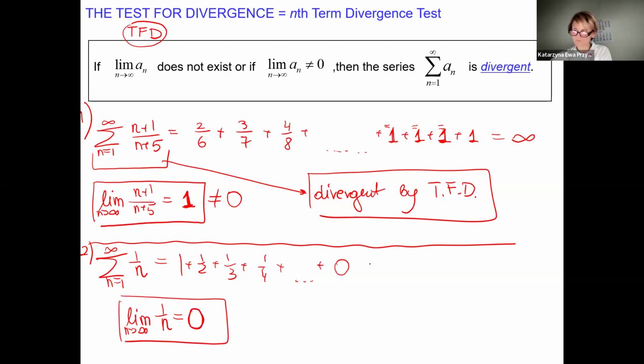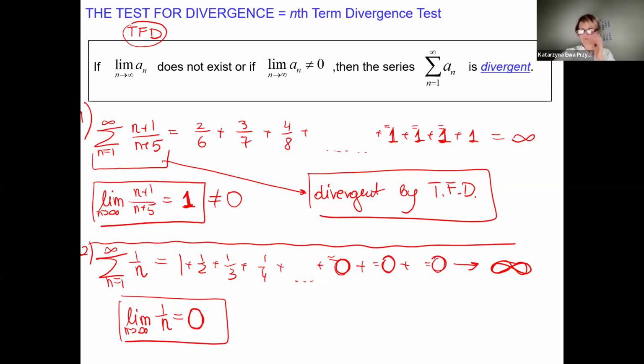Then at some point, it will be almost 0. We will be adding almost 0. But what do we know about this infinite series? We still have to know what kind of 0 it is. And this 0 is kind of too big.